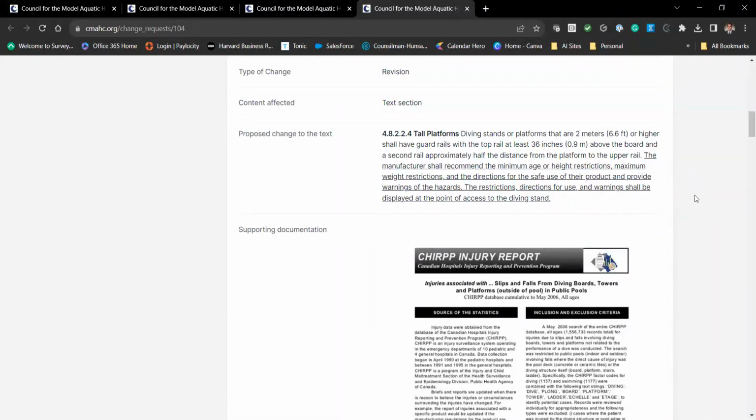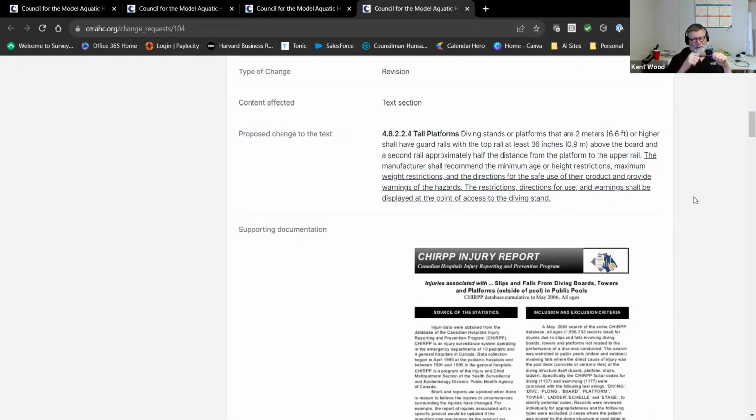That may be beyond the scope of what the MAC could say and what the CDC could say, as far as what manufacturers need to have on their labels, or what manufacturers need to recommend. Maybe that needs to be the Consumer Product Safety Commission. Or an ASTM standard. Right.